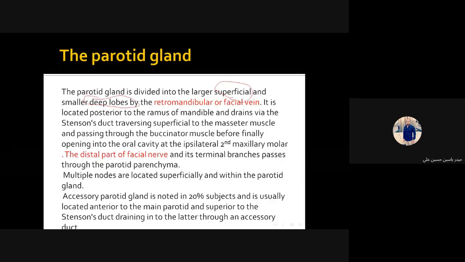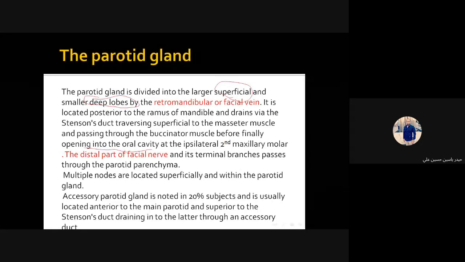The gland drains via the Stenson duct, passing superficial to the masseter muscle and through the buccinator muscle before reaching the oral cavity. The duct is called the Stenson duct, and the opening of the parotid gland is usually located at the second maxillary molar.